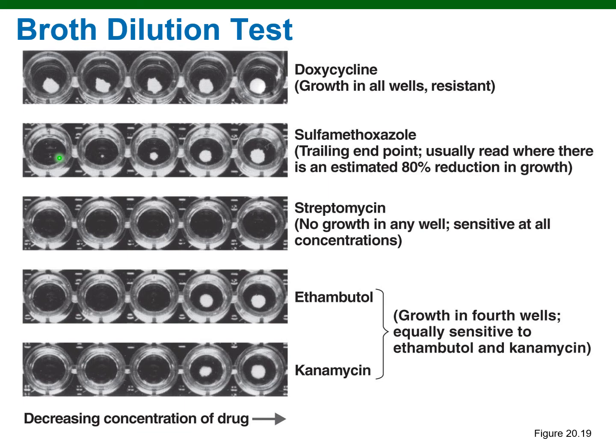So this is the broth dilution test, and it requires a lot of pipetting and calculating the various concentrations of the drugs and mixing up all of these different solutions at different dilutions.